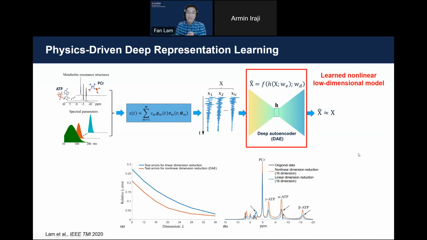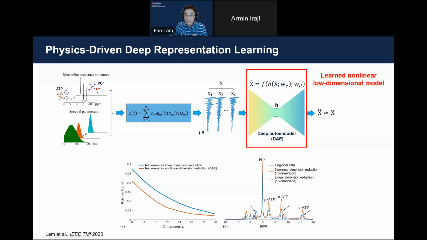So here's an example illustrating the superiority of the nonlinear low dimensional model. As you will see, the orange curve, which is the model truncation error or dimensionality reduction error for some test data, consistently falls beneath the dimensionality reduction error from the linear subspace model for the same model order.